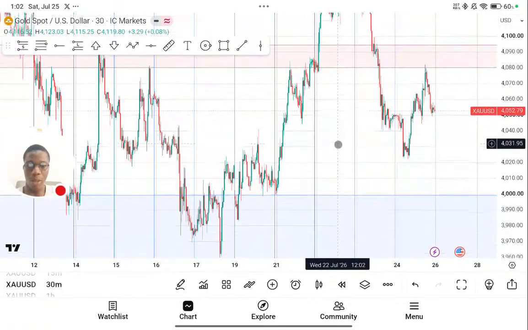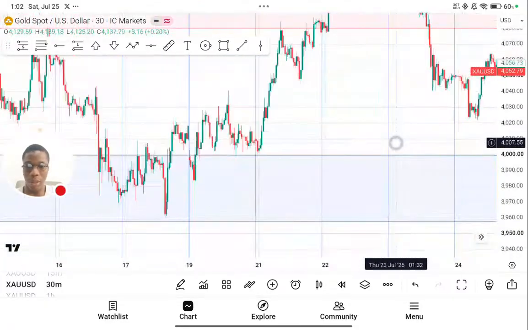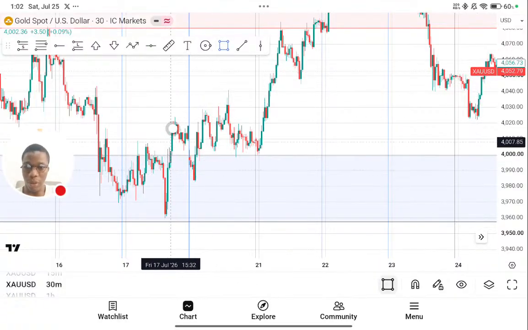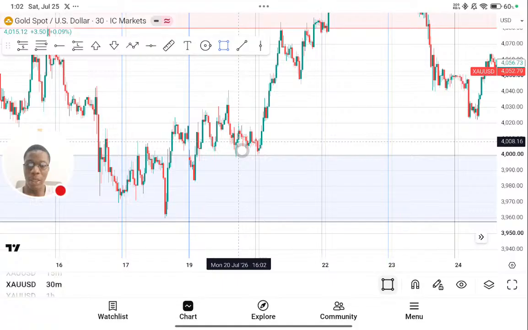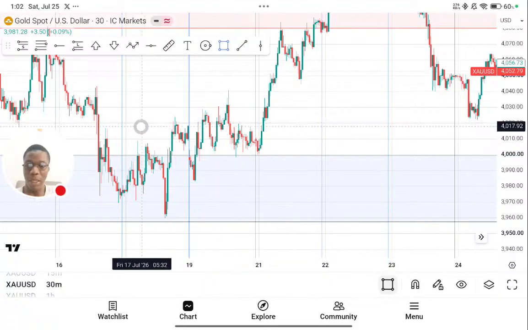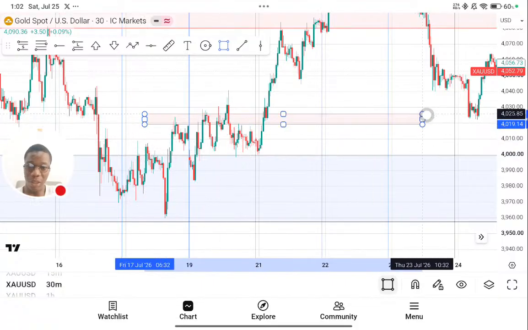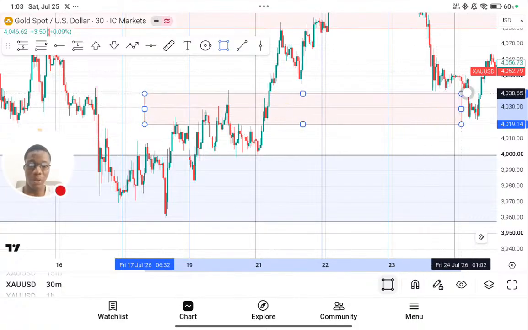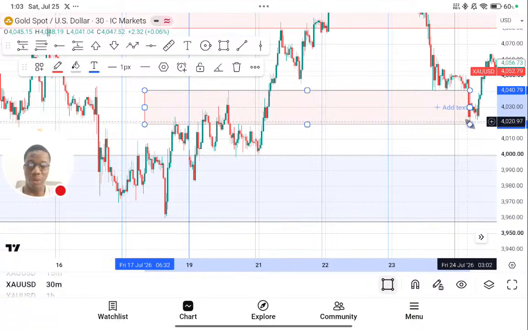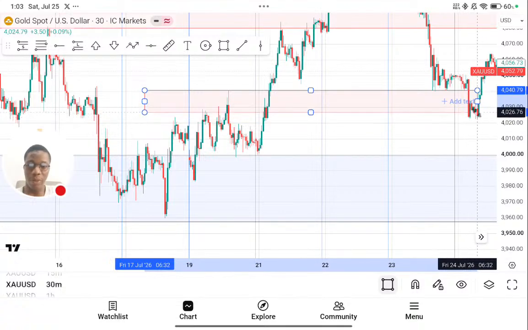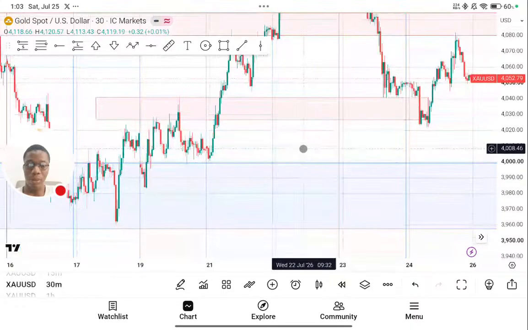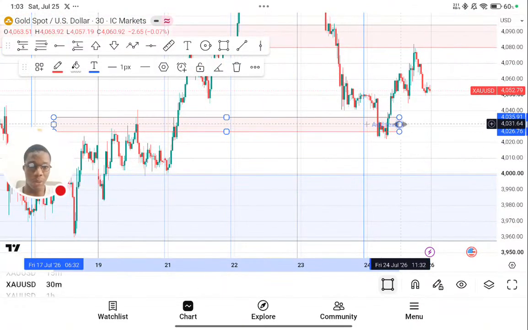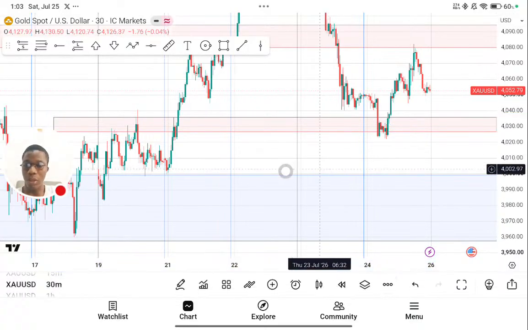You mark your support, you mark your resistance, right? So for example, you can see 1, 2, 3. The standard you should use is 3 touches. That's going to help filter a whole lot of noise for you. So this zone, if I take it from here, see what's happening.